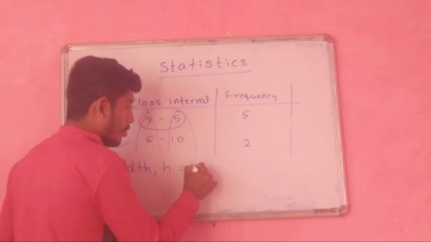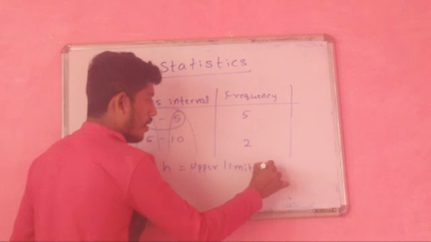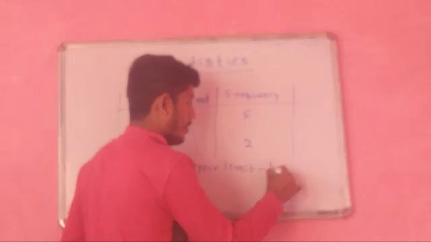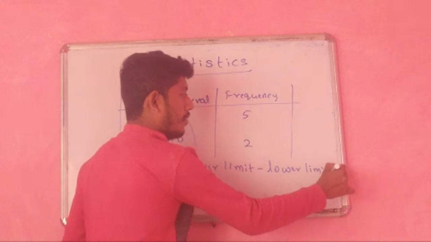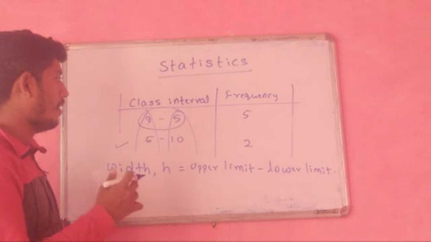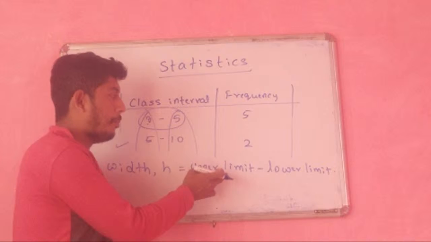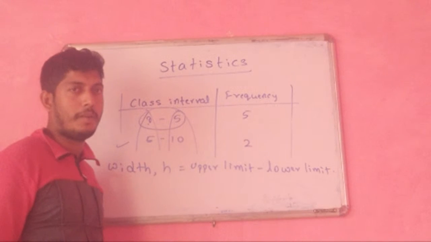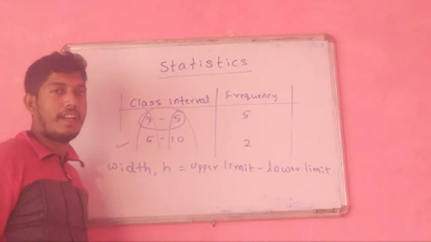So that is equal to upper limit minus lower limit. Width means the difference of upper limit and lower limit. Upper limit minus lower limit gives the width of the class interval.